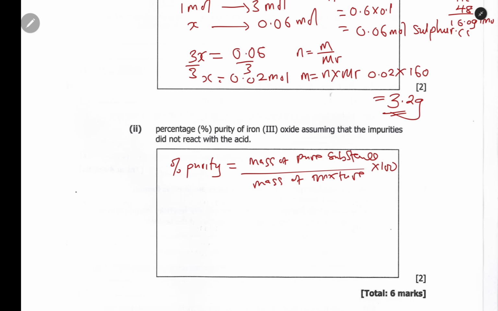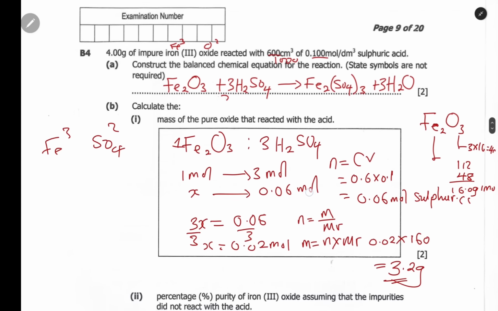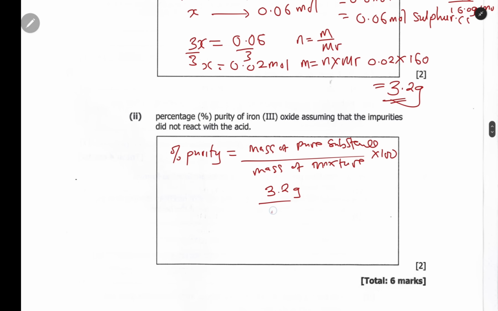The mass of the pure, we found, is 3.2 grams. The impure is given as 4.0 grams. Multiply by 100. So 3.2 divided by 4.0 is 0.8, multiplied by 100 is 80%. So the percentage purity of this is 80%.